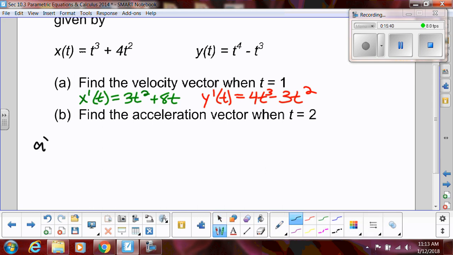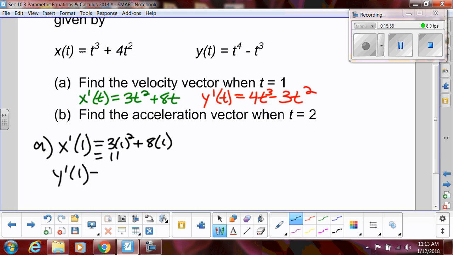So for part A, I want to do x prime of 1. I'm plugging in 1 here and 1 here, and that'll give me 11. And then y prime of 1, I'm plugging in 1 for my y prime.